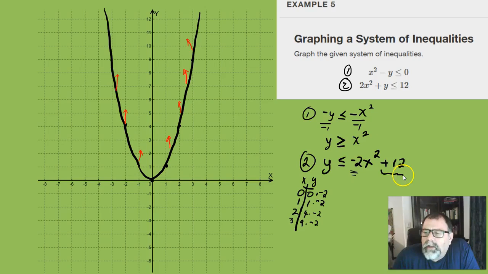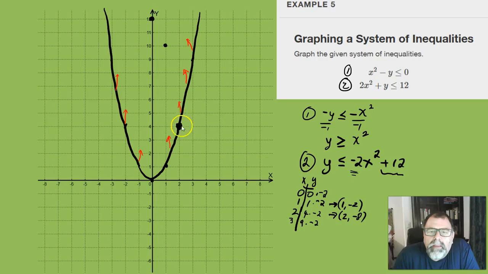Then this is moving it up 12, so I'm going to start at 12, and that's my pretend origin. I'm not going to draw the pretend axis, but from the pretend origin, 1 goes to -2, and then 2 goes to -8. So 1, 2, 3, 4, 5, 6, 7, 8.